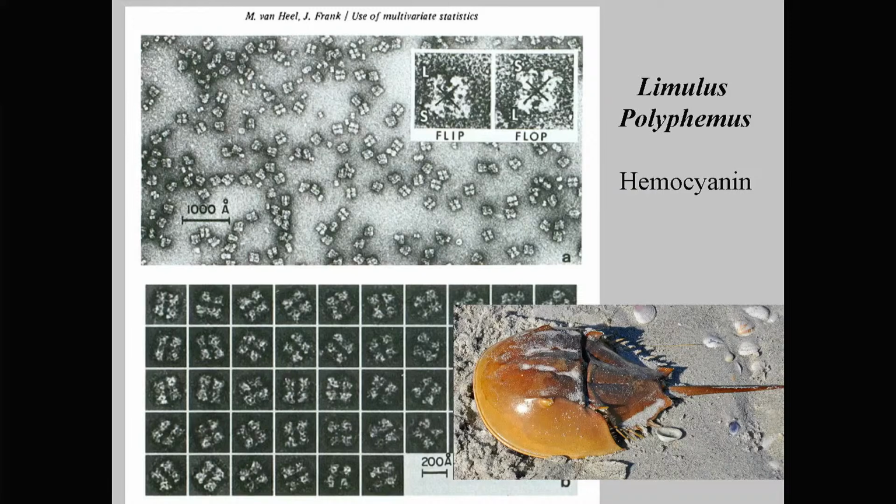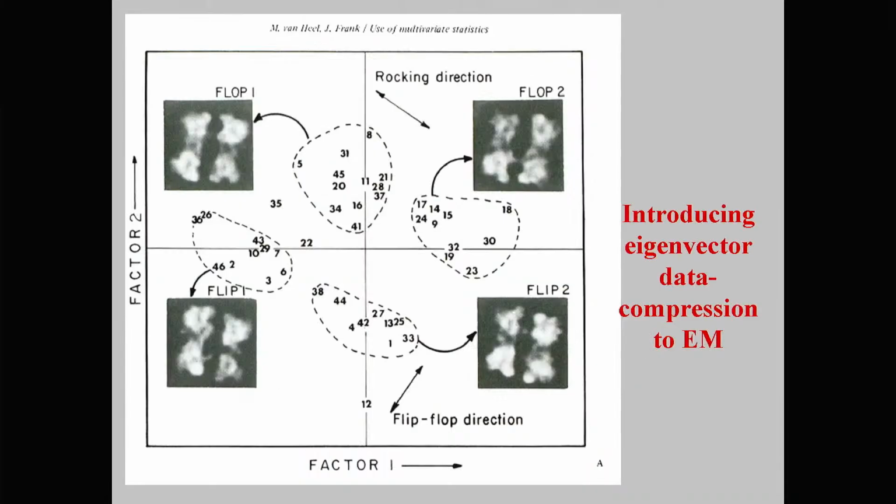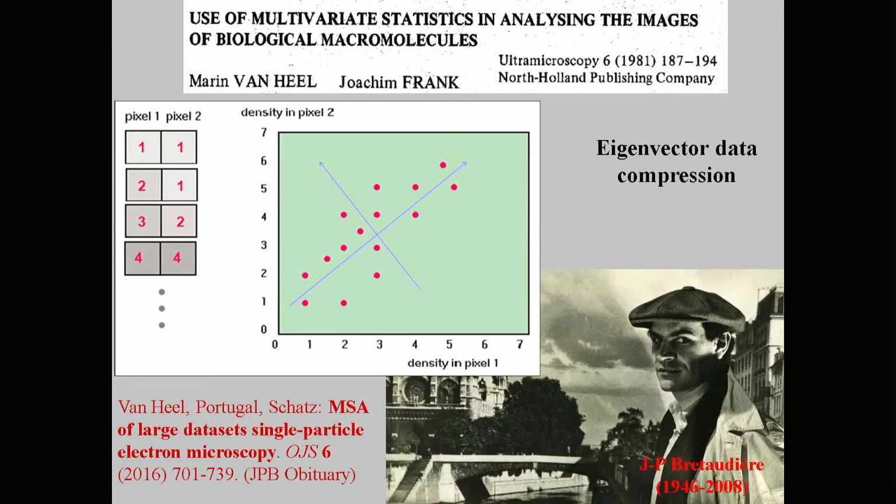One is we had some worm hemoglobins, with something in the center and without something in the center, and that worked okay. So we were aligning these things at the time, and then there was a big breakthrough when we started to use multivariate statistics to find these different classes and understand data in an abstract way. This is all visual. You project everything on a low dimensional space, and you draw these things manually at the time.